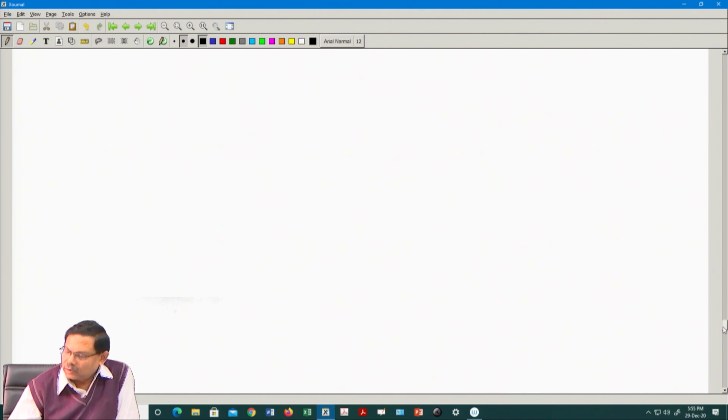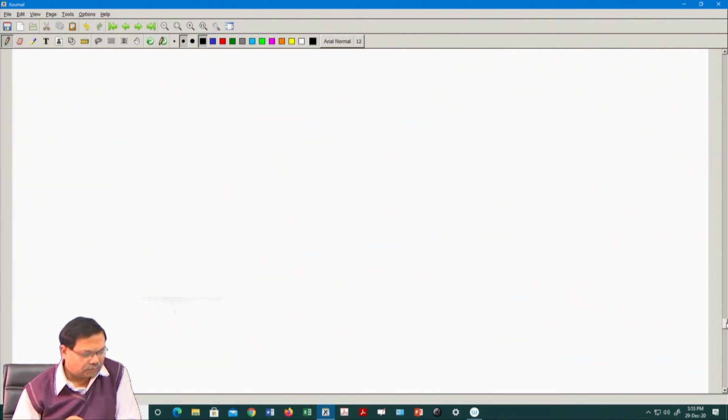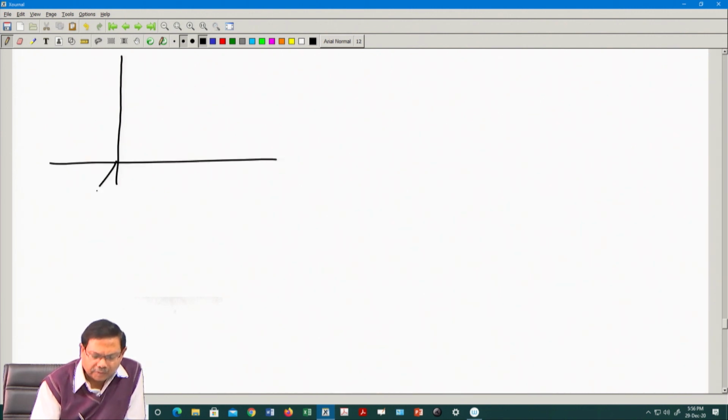Okay. So, now we will try to find out how to look at some of the properties. So, let us say I have a coordinate system which is fixed in the lab frame. So, x, y, z.